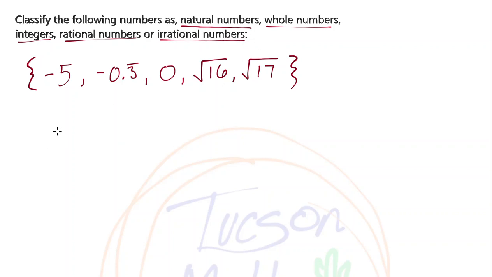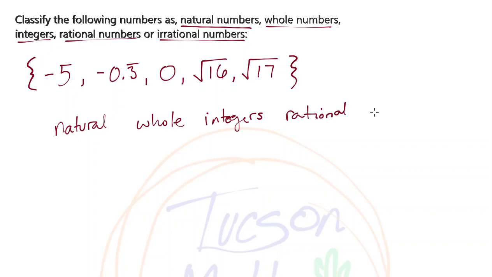So I'm going to say natural numbers here, and then whole numbers, and then integers. I think I missed an E there. My E and my G is mixed together. Integers, rational, irrational.